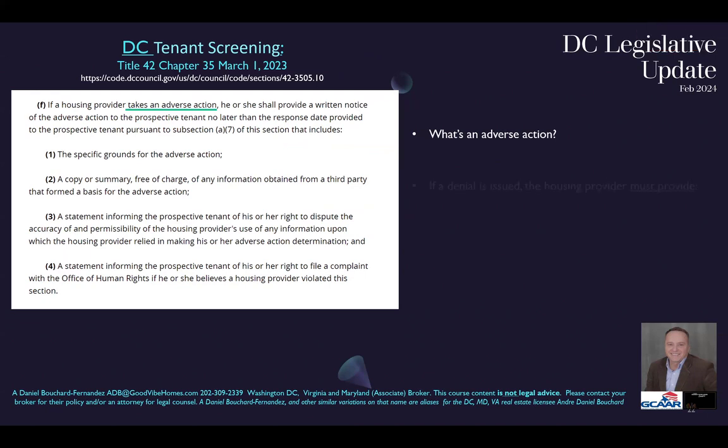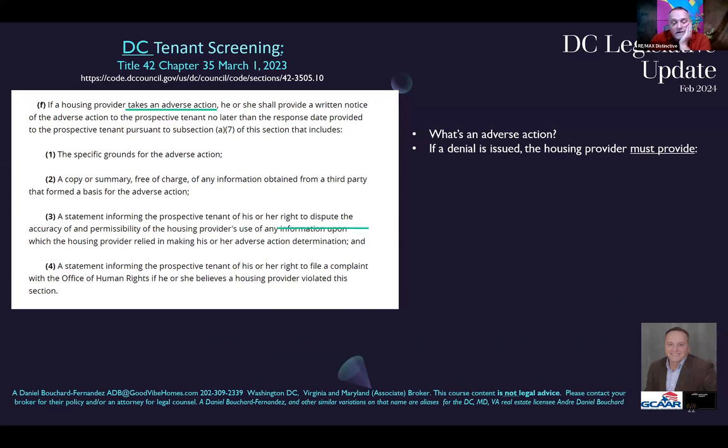Correct. If you're going to take an adverse action or a denial is issued, the housing provider must provide a written notice of the denial within the response date given in advance. So when you've stated in advance that the decision will be made by May 15th or whatever it is, you need to give them that answer by May 15th, and you've got to provide this in writing.